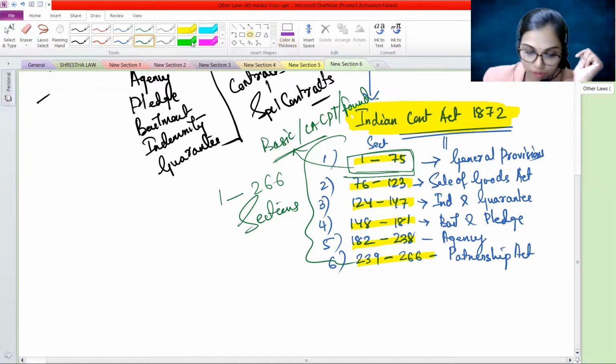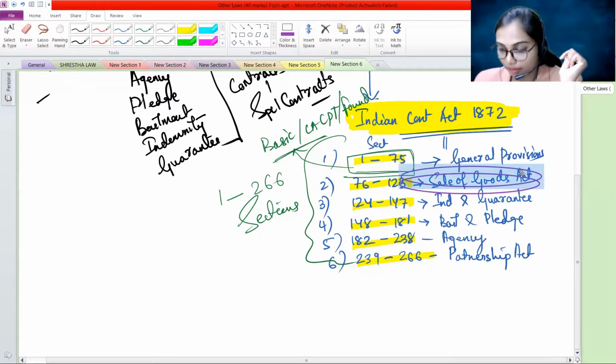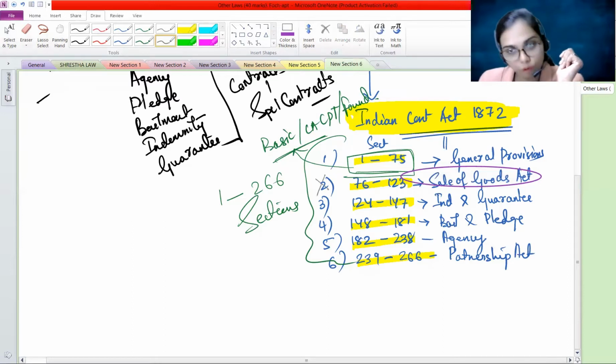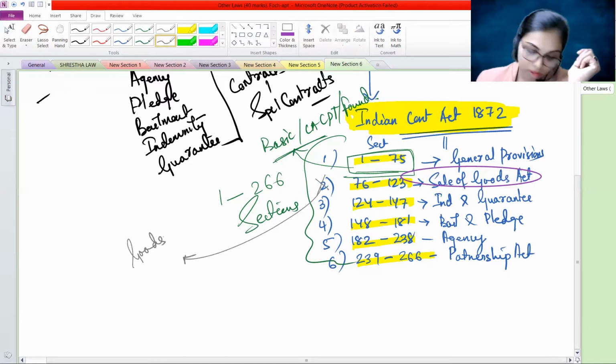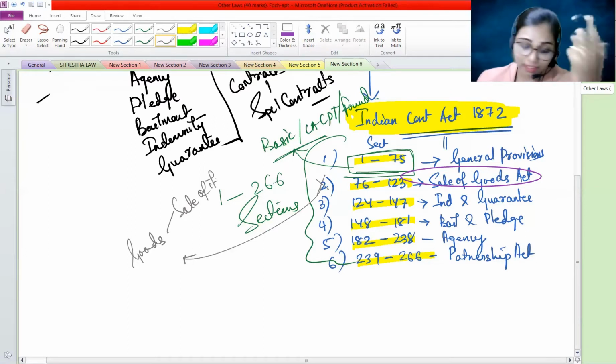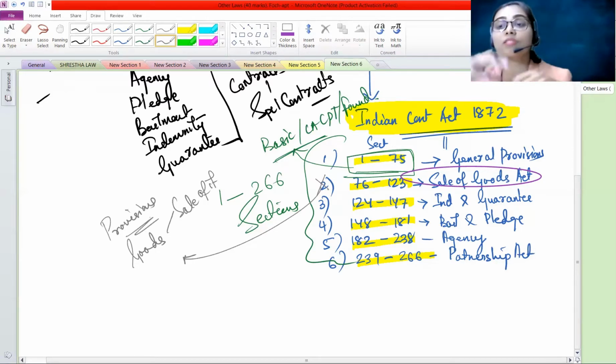The Sale of Goods Act is now not covered in the Indian Contract Act. It has been removed. Why it was removed, I'll tell you. The Sale of Goods Act speaks about goods and their sale, so it has different provisions altogether.